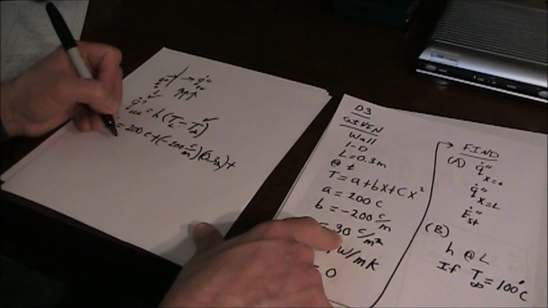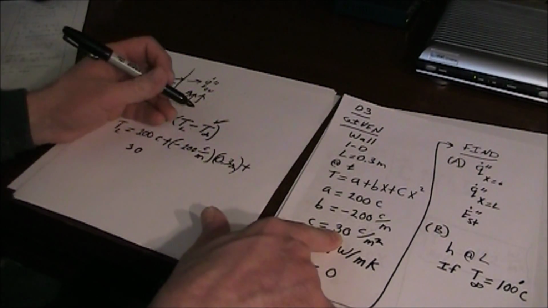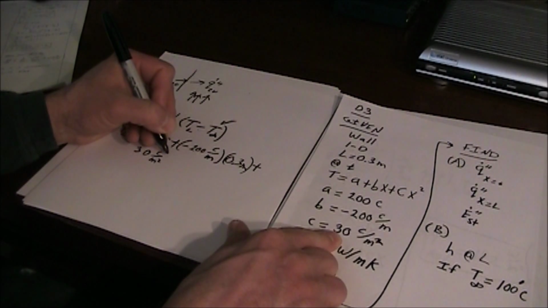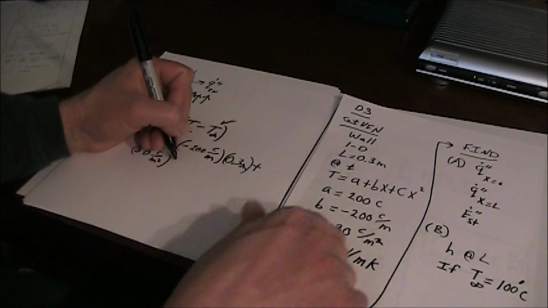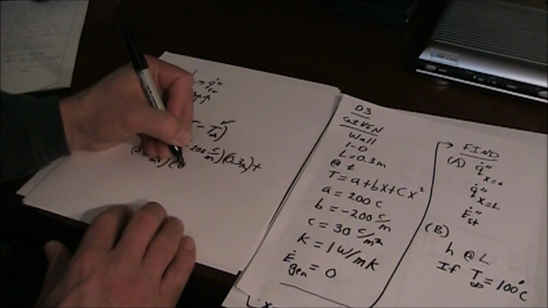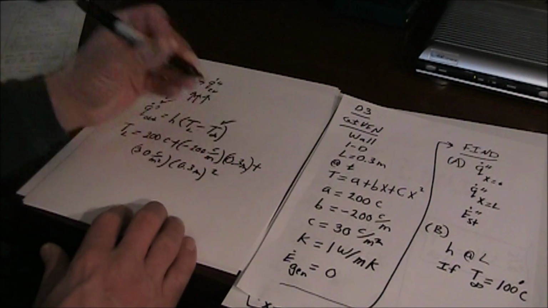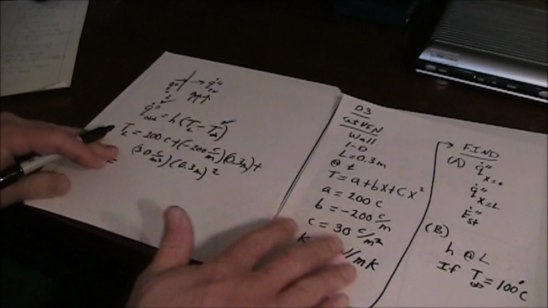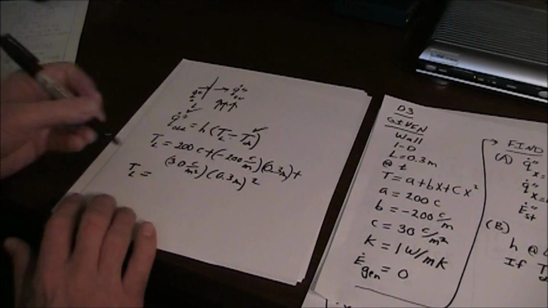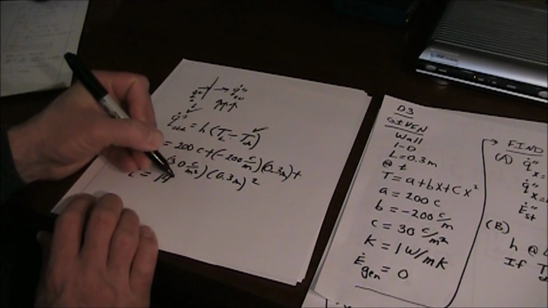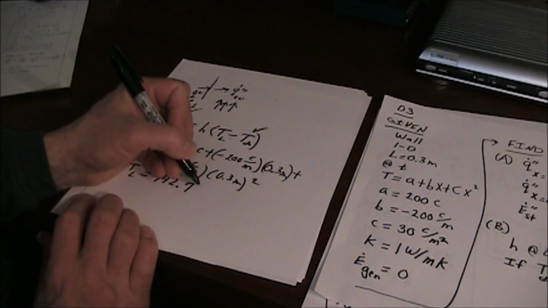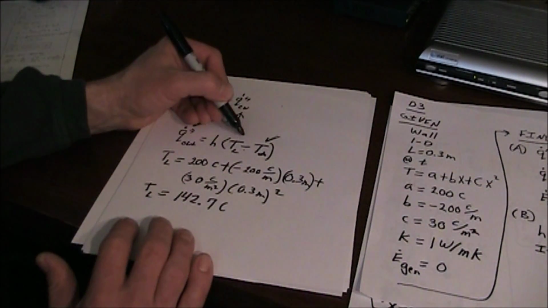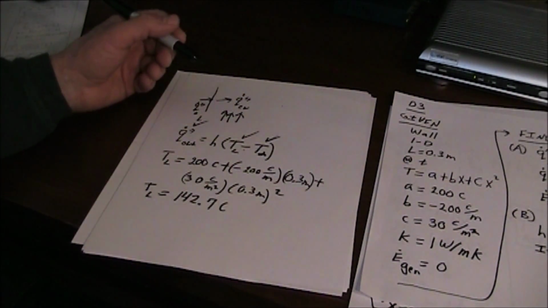Let me put it down here. 30 Celsius per meter squared times x squared, which here again is 0.3 meters squared. So you put that in your calculator, crunch the numbers out, and you'll see that T at L is 142.7 Celsius. Alright, so now we have T L, we have everything we need.